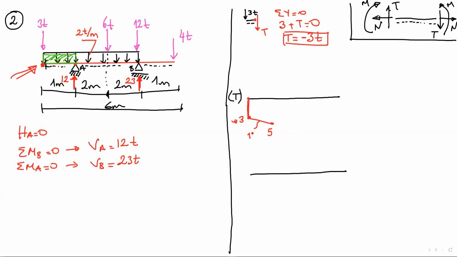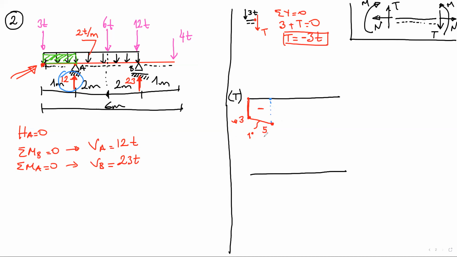Okay. By the way, change here. This is 5. Okay, I'm at the support point. So I'm here, the negative side. We have a support reaction at this point.